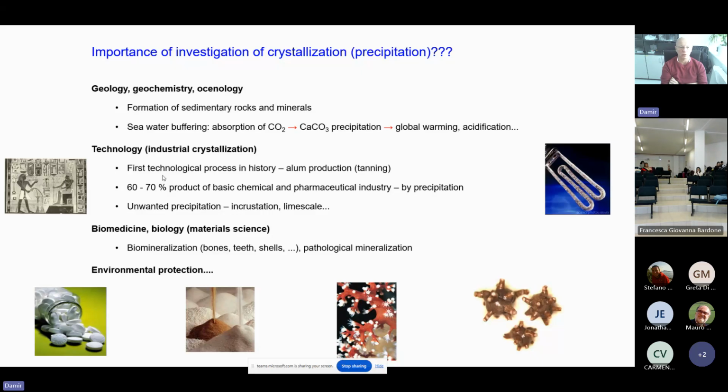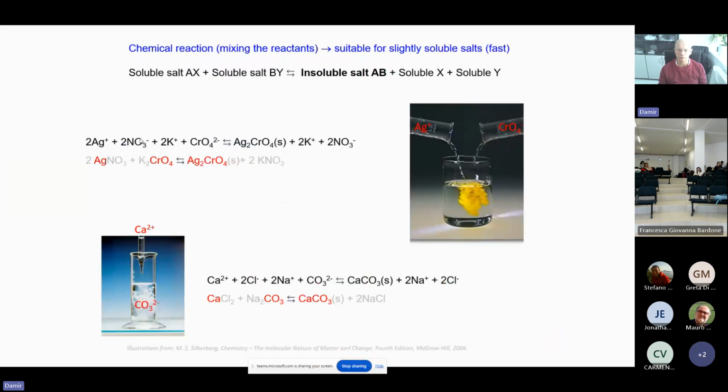And what is more convenient and what is more close to your expertise is precipitation in biomedicine, biology, and material science. It is related to biomineralization, so formation of bone, teeth, shells, but also to pathological mineralization in the human and other living tissues. Finally, environmental protection is related, but about these things you can be informed from literature.